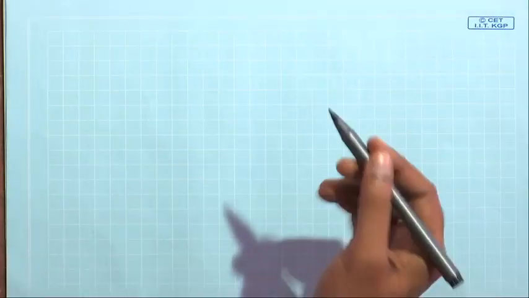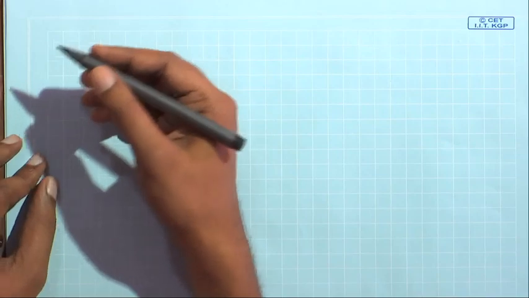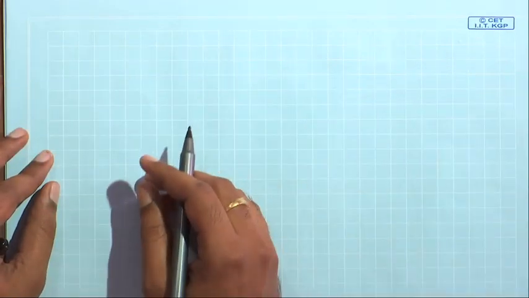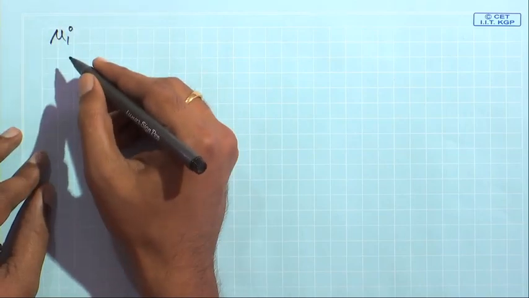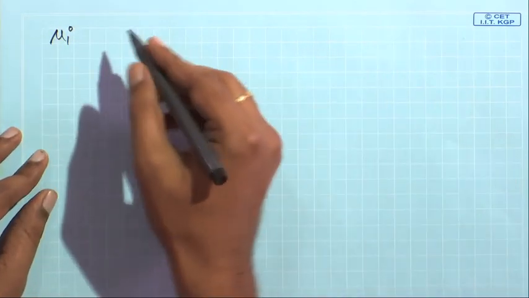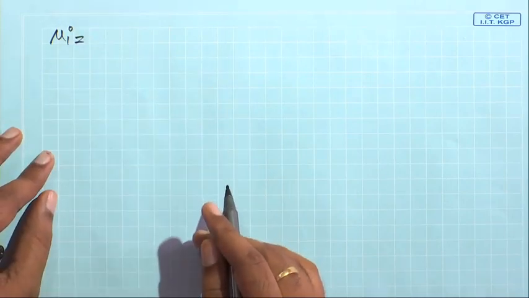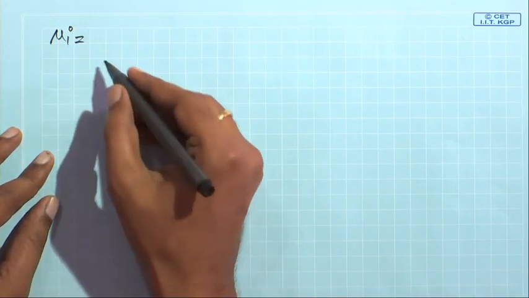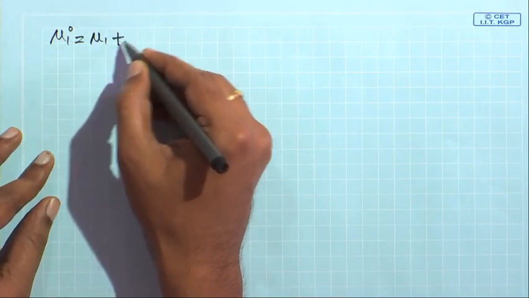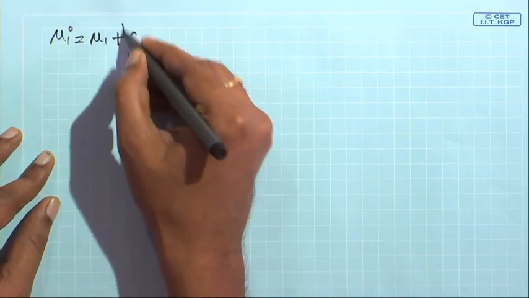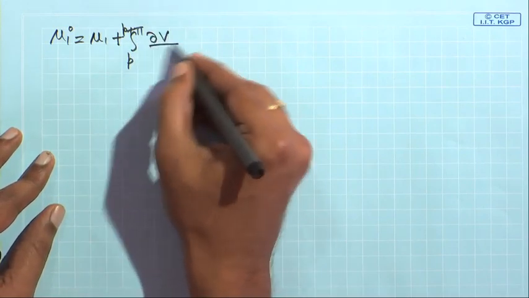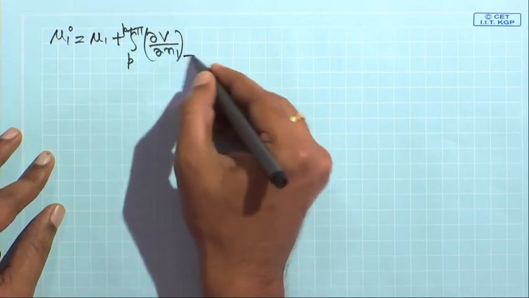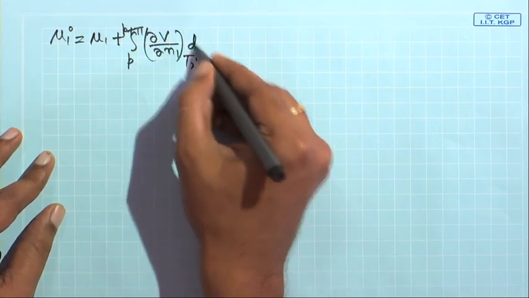Now, this particular expression I am going to write down again: mu 1 0 is equal to mu 1 plus the integral from P to P plus pi of del V del n 1 at constant T and n 2, dP.